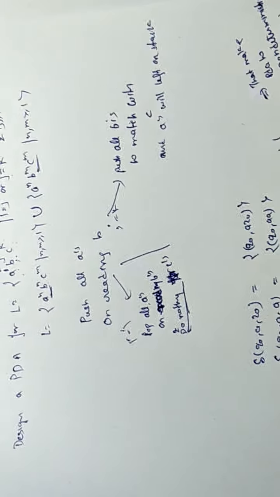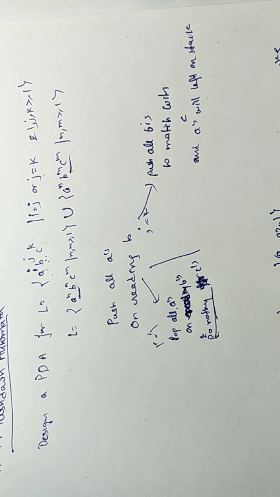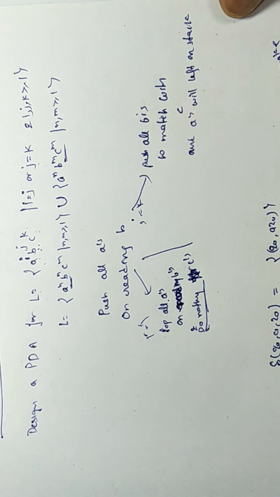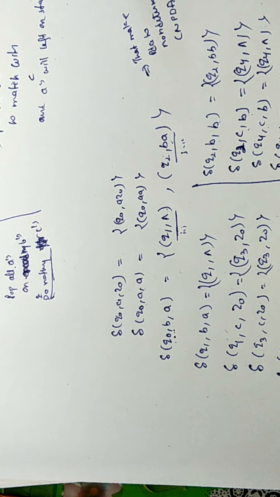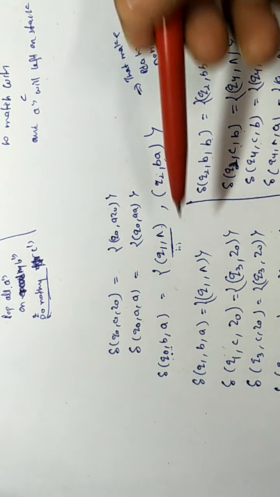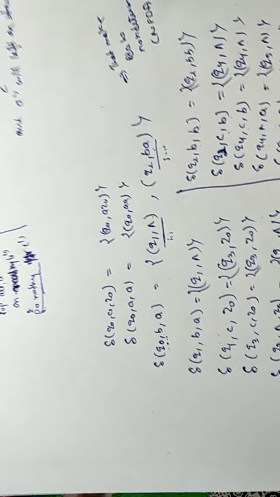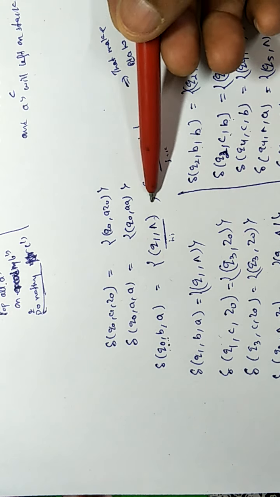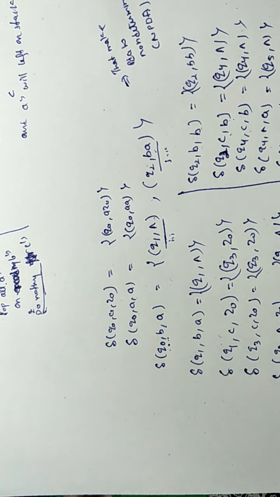And for this language we can design only a non-deterministic PDA because I have to make the choice. Otherwise we cannot design a deterministic PDA for it. We can design only an NPDA where we have to make a decision, either do this or do this. That is why it is non-deterministic in nature.